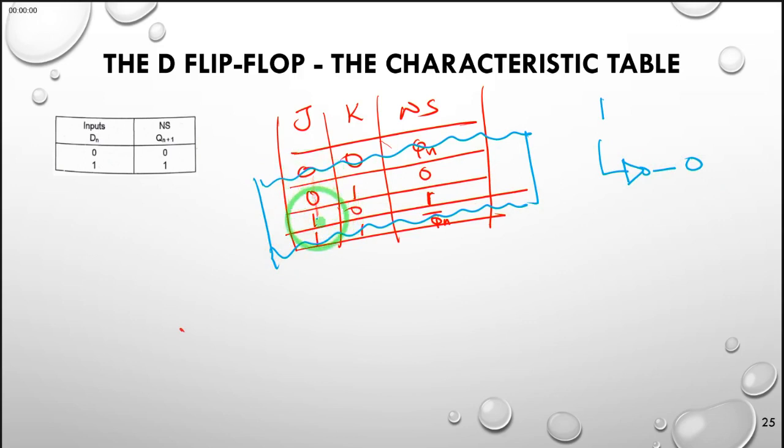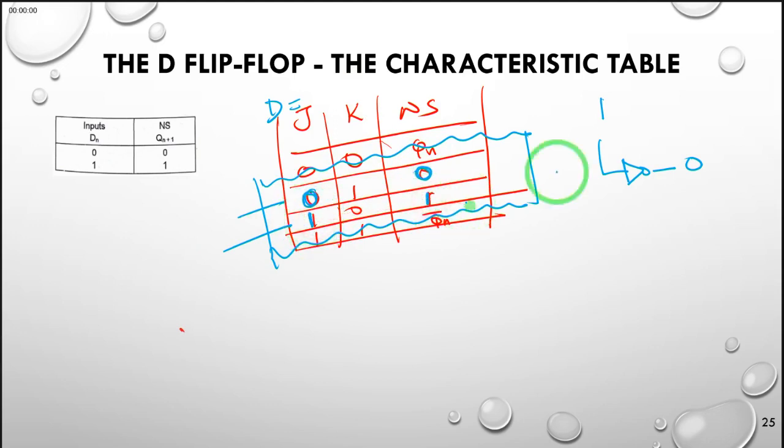Therefore, we are only left with the other two, and J is going to be equal to D, and the other input is inverted, and this is the truth table or the characteristic table. When J or D is 0, the next state becomes 0, and when D is 1, the next state becomes 1.